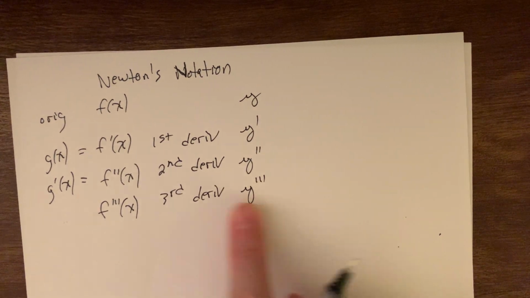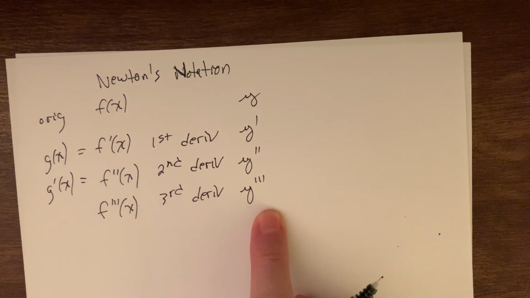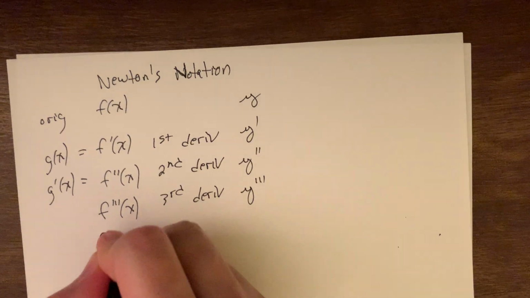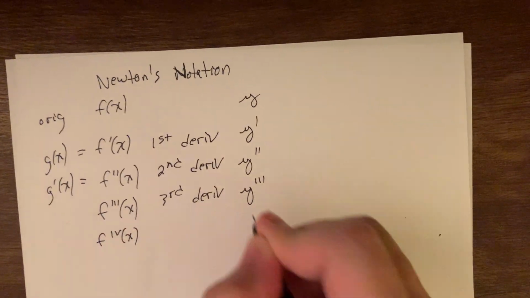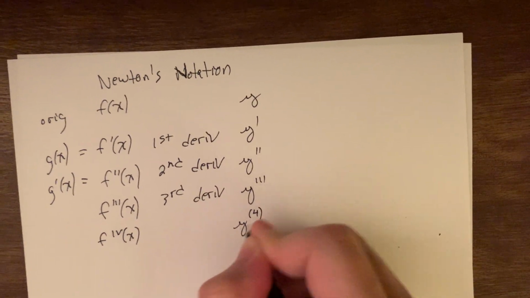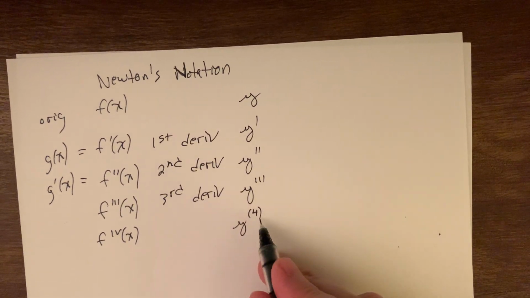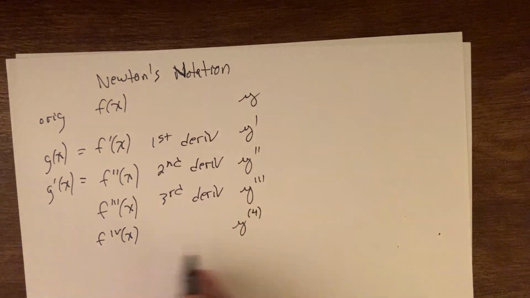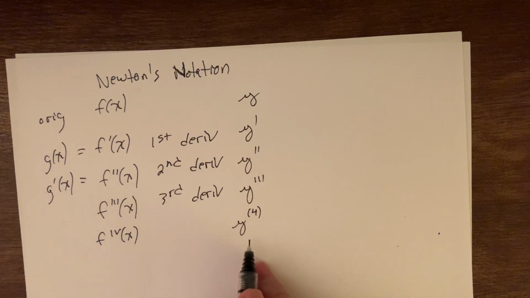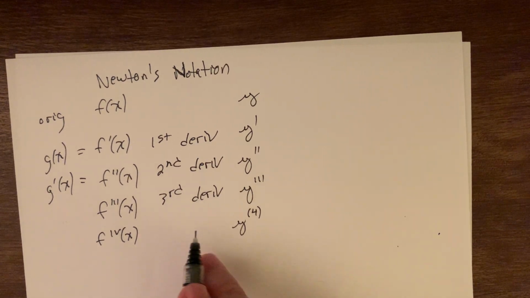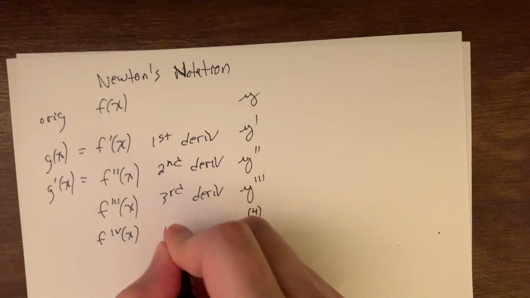When you start going past the third derivative, some people go to Roman numerals. Others start putting a number, but they use parentheses to make it clear it's not an exponent. Again, we're really never going to go that far. But this is a very common form of notation, so this would be the fourth derivative.